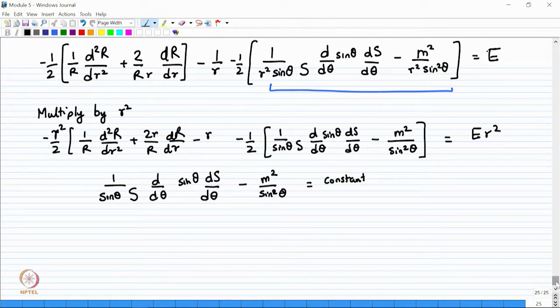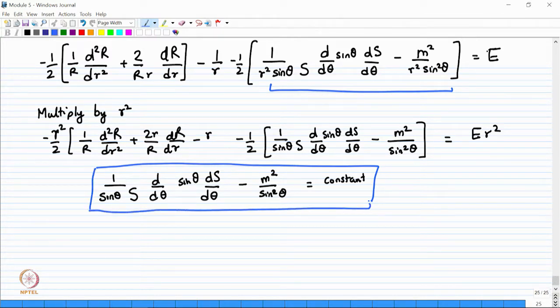So the next thing that we want to do is to actually solve this equation. So the next part is this is the equation for theta, for s. This is a second order ODE for s of theta, and this is what we want to solve.